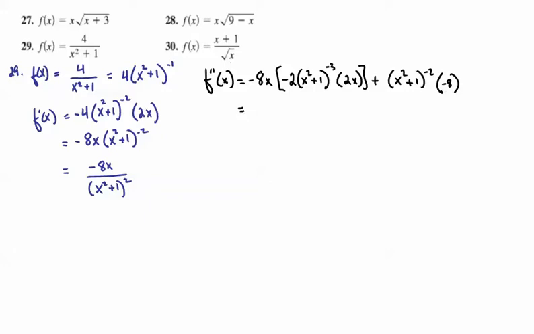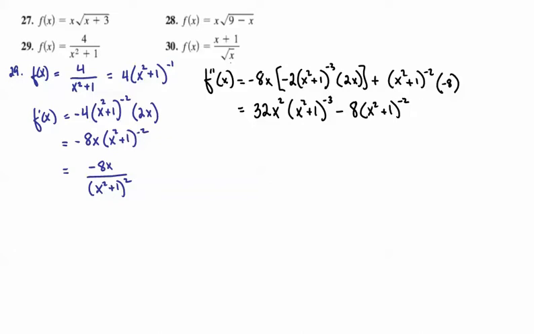Alright, simplifying, we have 2 times 2 is 4 times 8, which is 32, and negative times negative, so we're going to get positive 32x squared times (x squared plus 1) to the negative third power minus 8 times (x squared plus 1) to the negative second power.